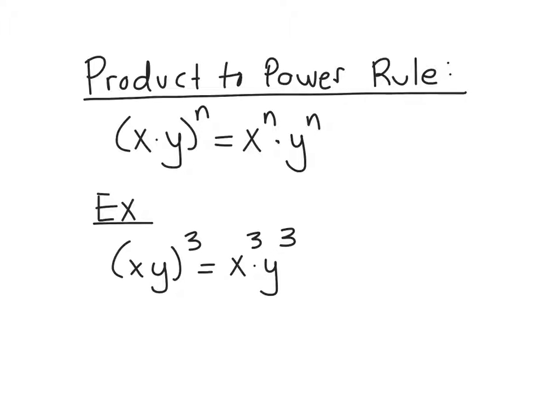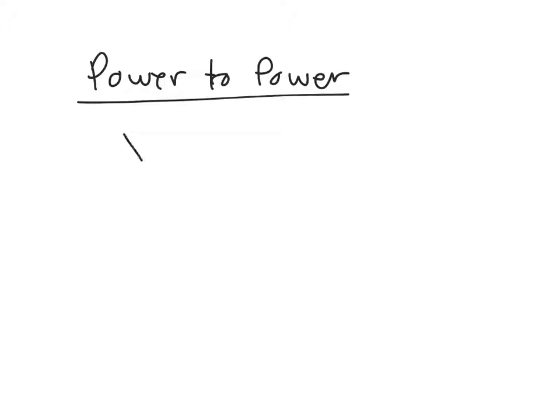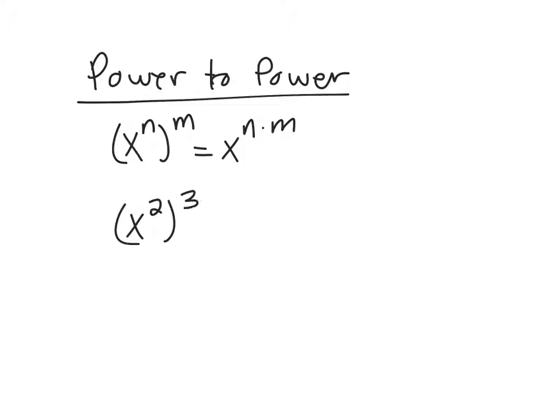The next rule is the power to power. The power to power says if you have x to the n raised to the m, that's x to the n times m. And let's see why you multiply in this case. Let's say you had x squared cubed.